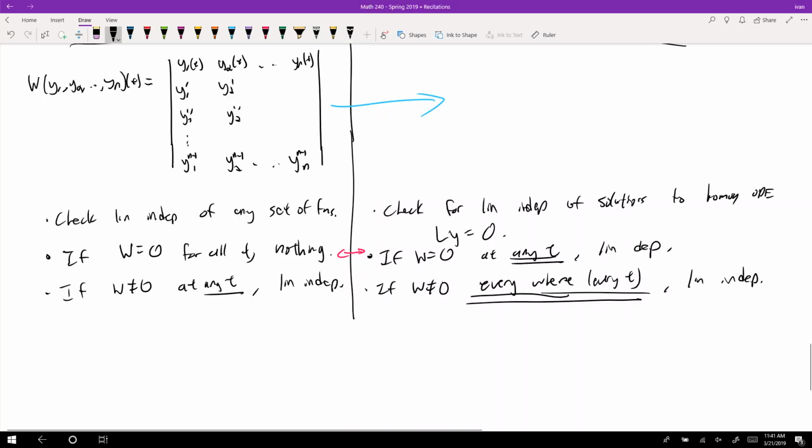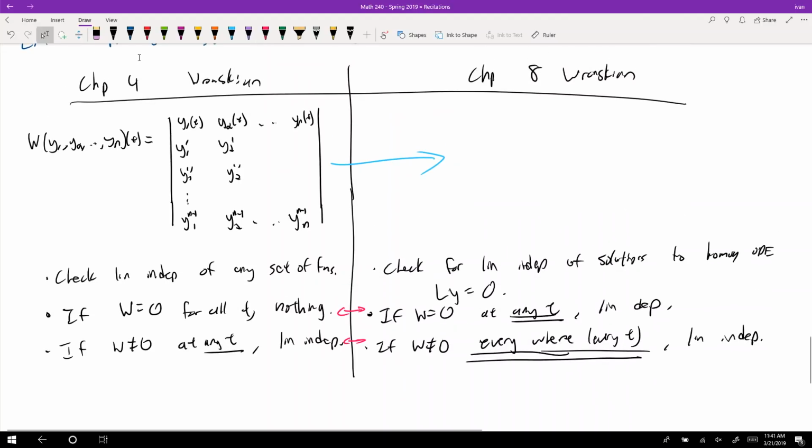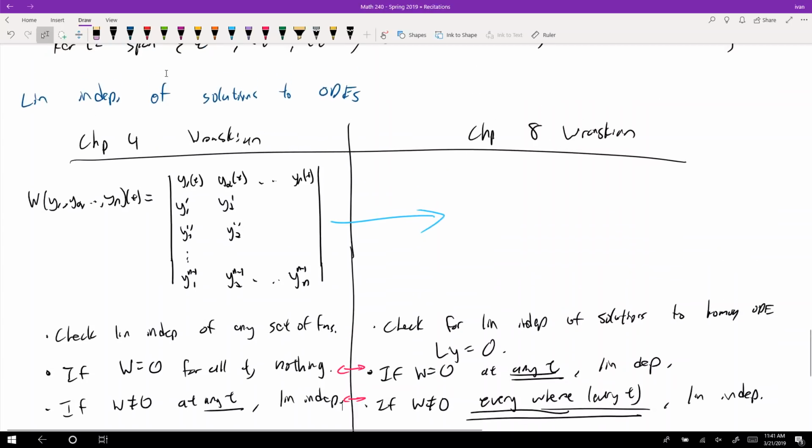So notice the difference between the chapter 4 Wronskian, when you just plug in any random functions, and the chapter 8 Wronskian, where you plug in solutions to the homogeneous ODE. You need to be careful about the interpretation of the Wronskian.